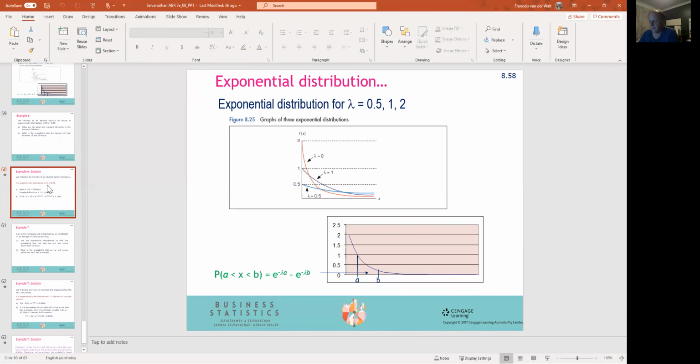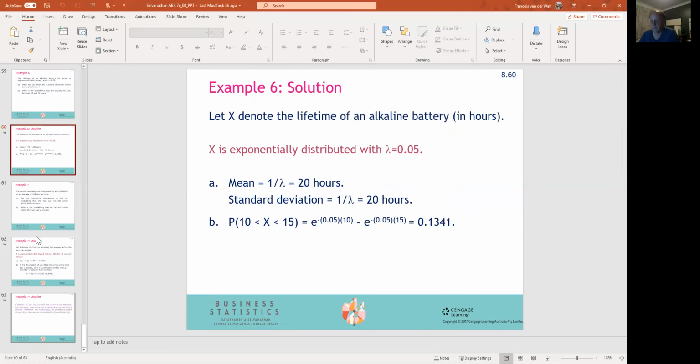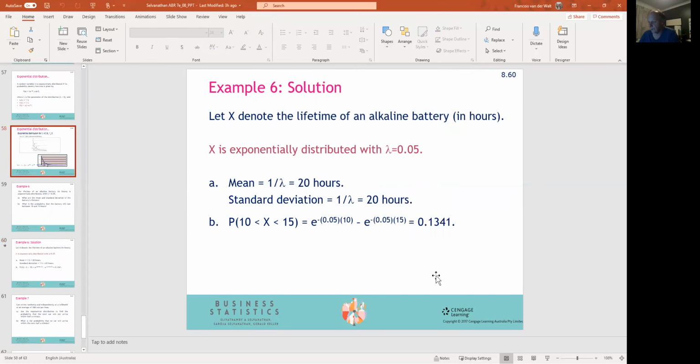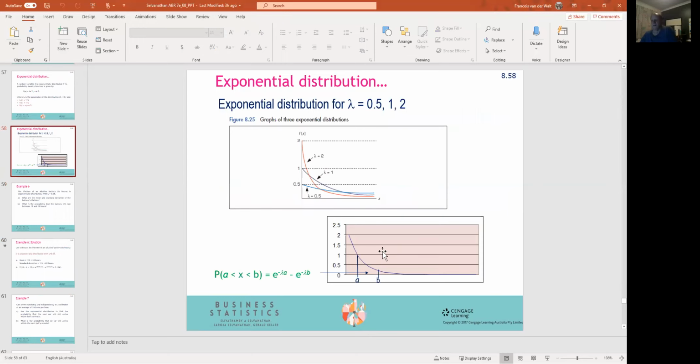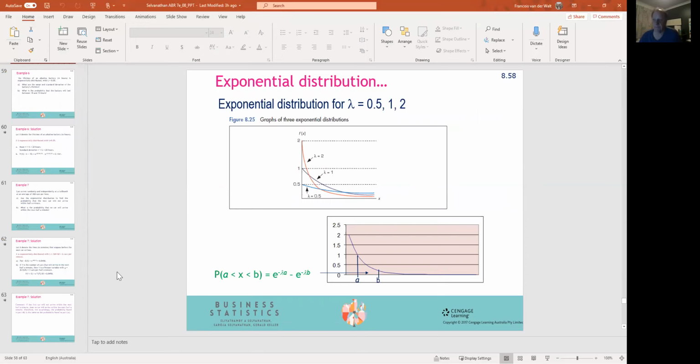It is slightly important because it's often used to calculate the lifetime of something, like the lifetime of an alkaline battery. If you think about it, the charge in a battery declines, but then it slowly declines less and less, so it gives you this type of curve. We won't really look at it any further beyond this.